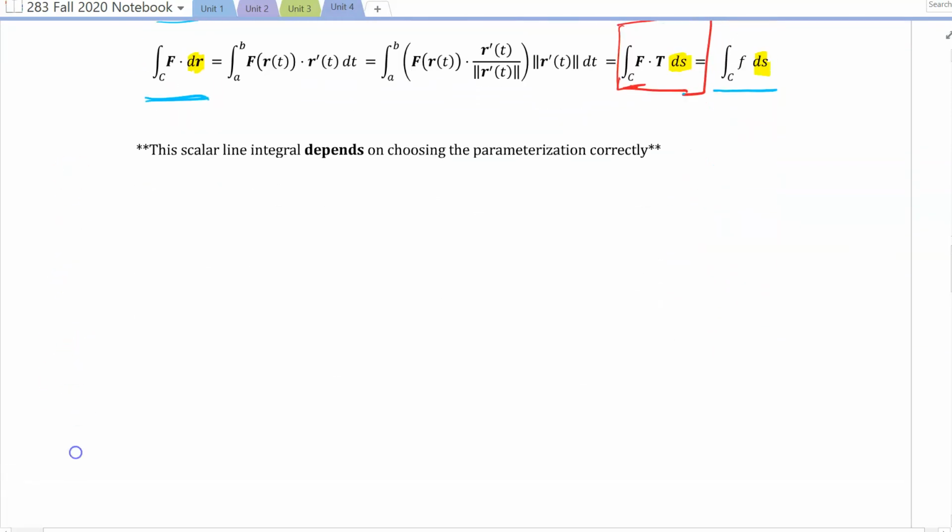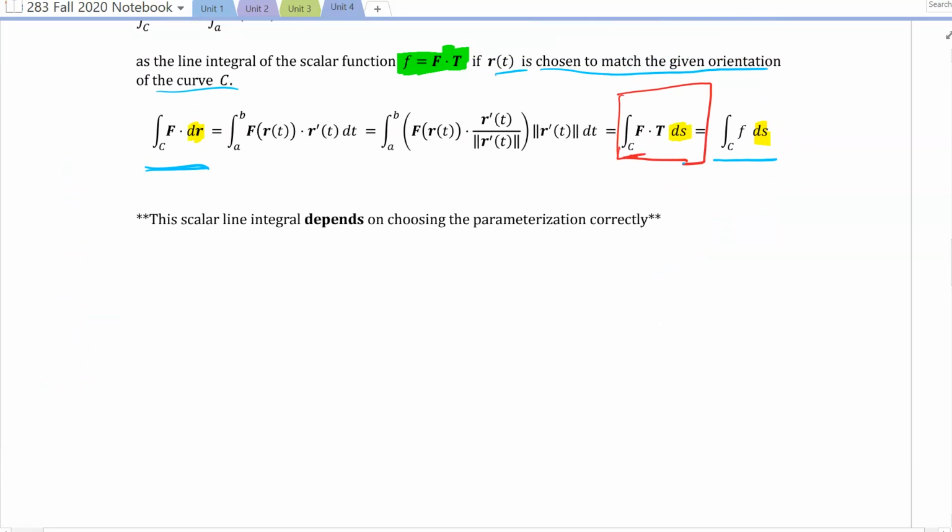In the subsequent videos we're going to talk about surface integrals of both scalar functions and vector fields, and we're going to see a similar kind of analysis happen, where we're going to view a surface integral of a vector field as a special case of the surface integral of a scalar function. Like we're doing here, we're viewing the line integral of a vector field as a special case of the line integral of a scalar function. Again, it's going to depend on the parameterization, as I keep repeating.